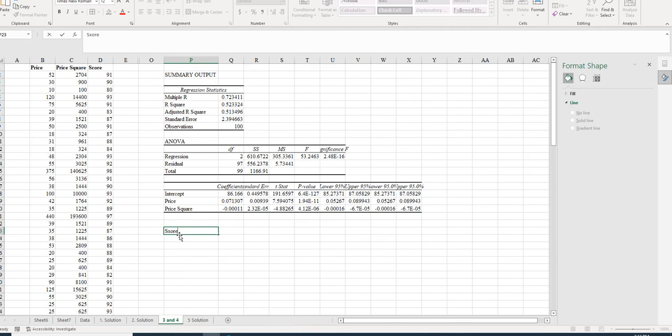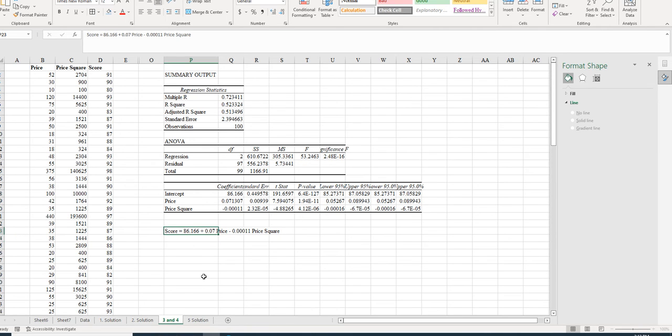Here again, score is equal to 86.166, plus 0.07 price, minus 0.00011 price squared.